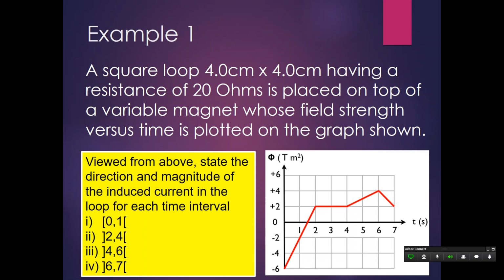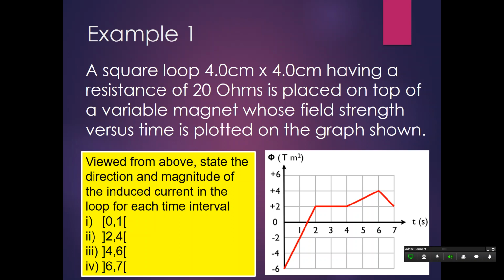All right, last but not least, 6. Which direction is the arrow pointing? At this time, at 6 seconds, it's positive 4. So the arrows are pointing where? Up, okay?